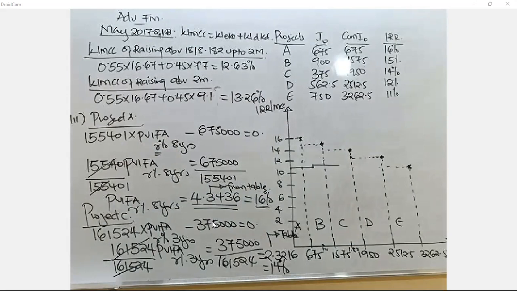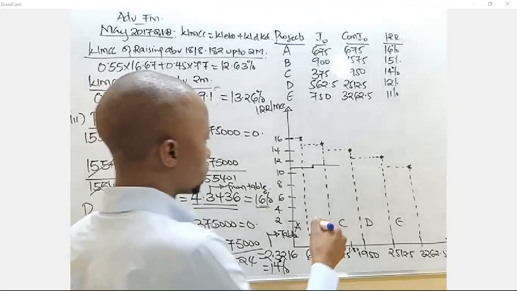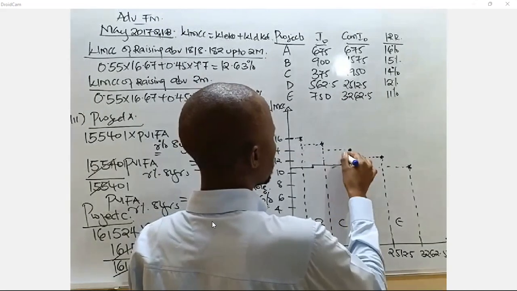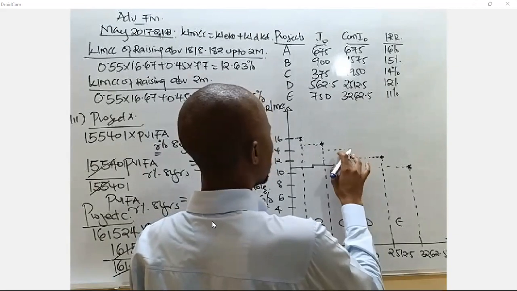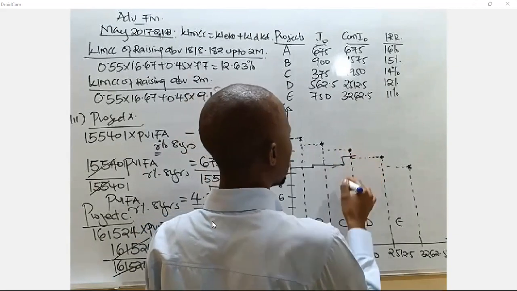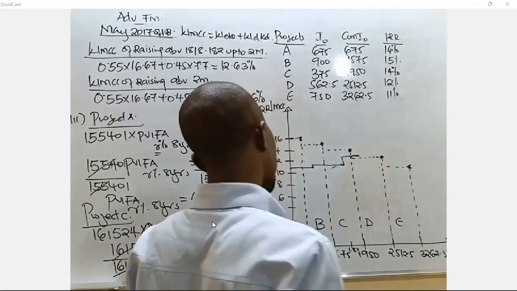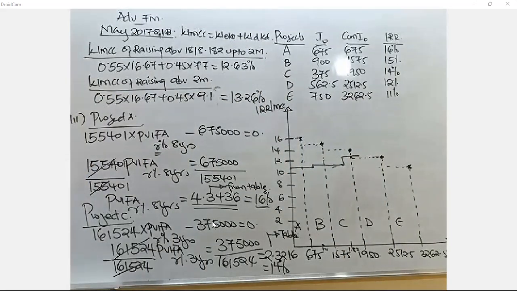So in this case, we are now going up to 2 million. Let me just put it somewhere here. If it is 12.65, it's somewhere here, 12 point something, going up to 2 million. This is 1950, so let me say my 2 million is somewhere there. When you are drawing it on your graph paper, it should look better. Then we have the WMCC of raising above 2 million, which you are able to get around 13.28.